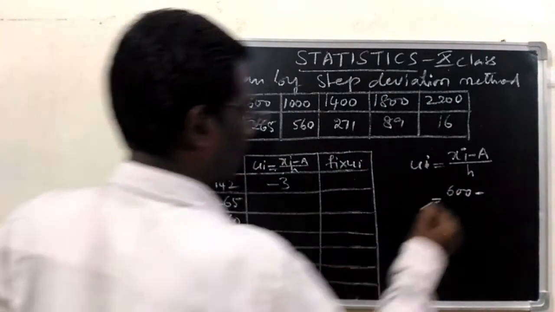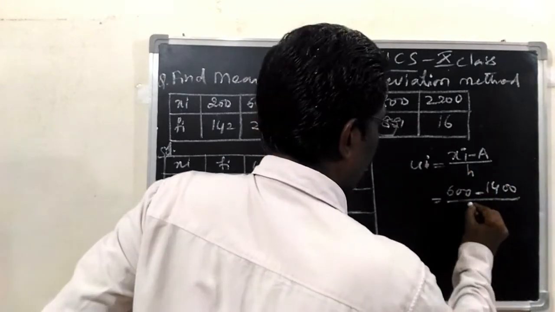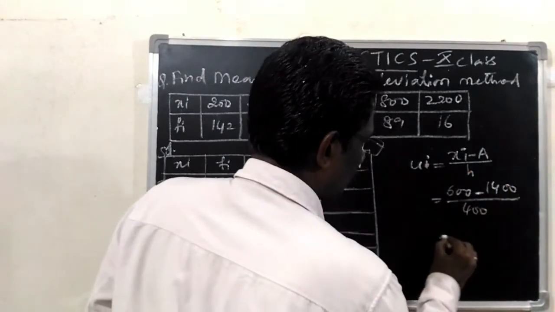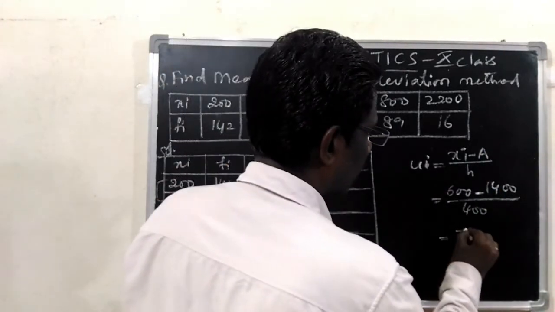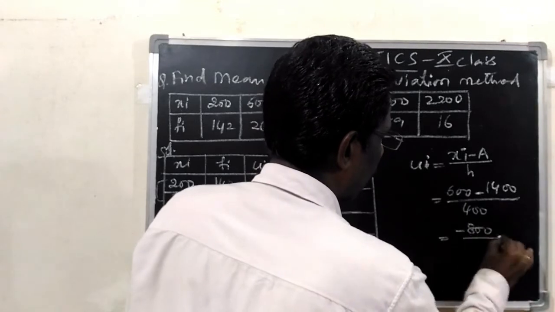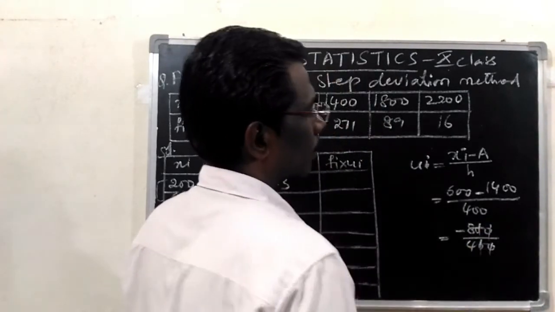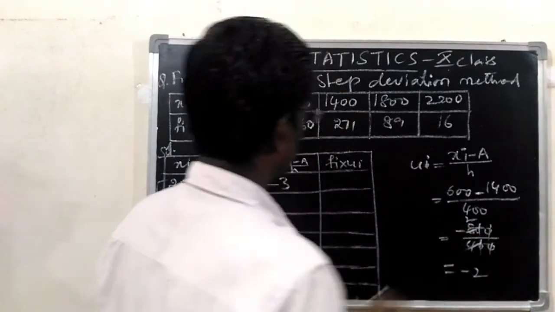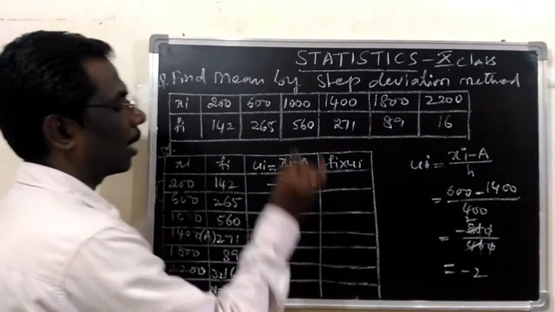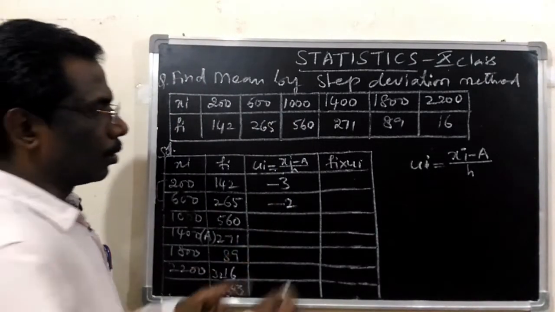A is 1400, divided by h, which is 400. 600 minus 1400 is minus 800 divided by 400. Cancel 2 zeros, and 4 ones are 4, 4 twos are 8. It is minus 2. This is minus 2.